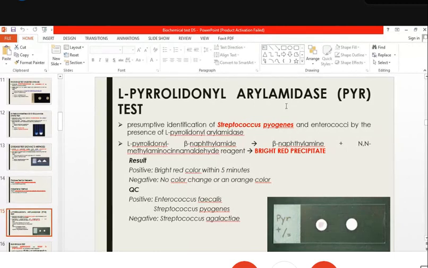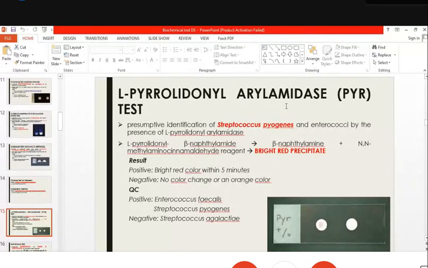Okay? So, the bright red should be there again. Take note of the time of incubation. It should be within 5 minutes after the addition of the reagent.